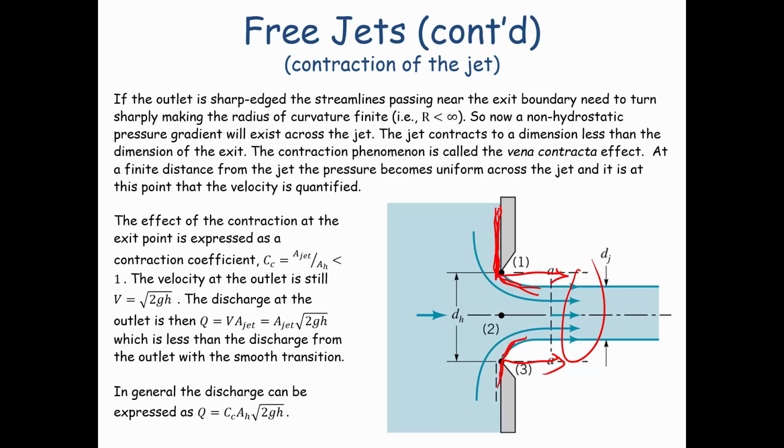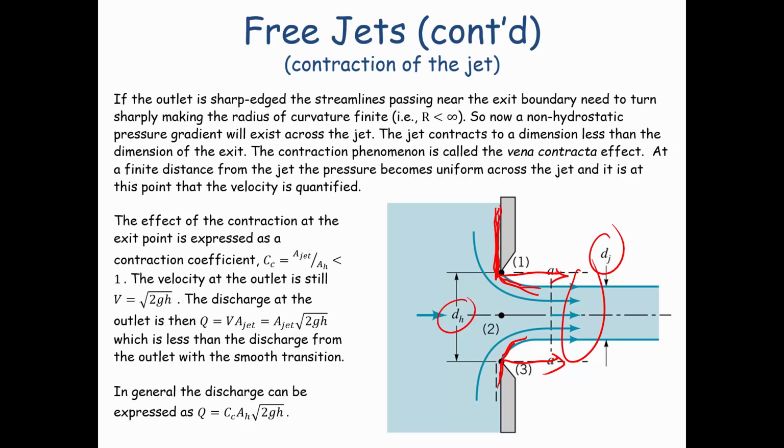And the actual diameter of the jet, as you see here, d sub j, will be smaller than the diameter of the opening. So the diameter of the opening here is d sub h, the diameter of the jet is d sub j, and d sub j will always be smaller than the value of d sub h.